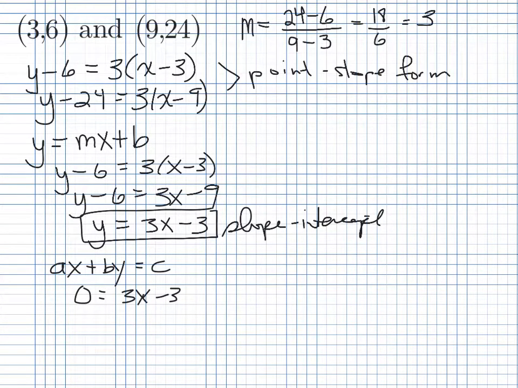So now I have 3x minus 3 subtract y, and of course I need to get the 3 moved as well. So now I can write 3 is equal to 3x subtract y. Of course, you could also move things in the opposite direction, which would give you y subtract 3x is equal to negative 3. Either of those two would be a correct standard form of the equation.